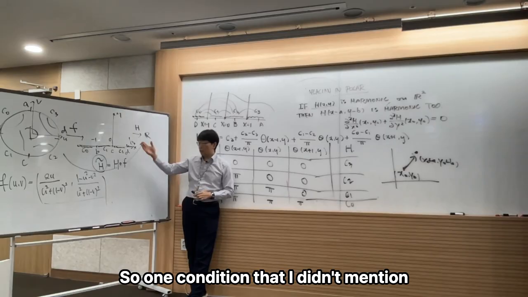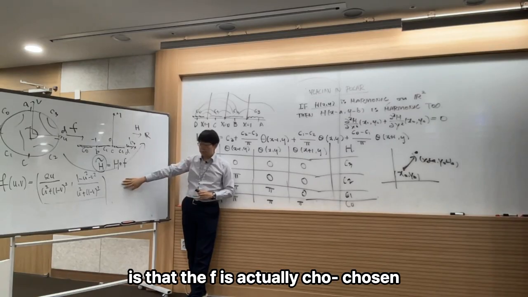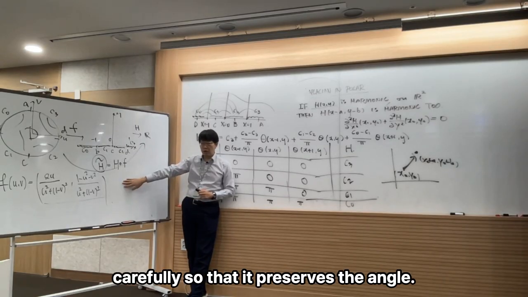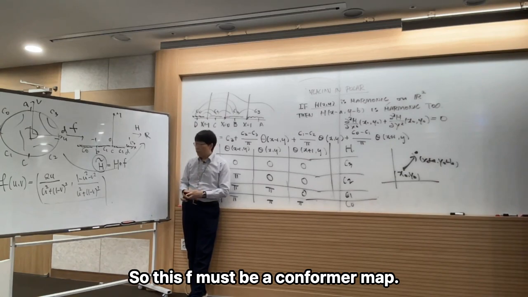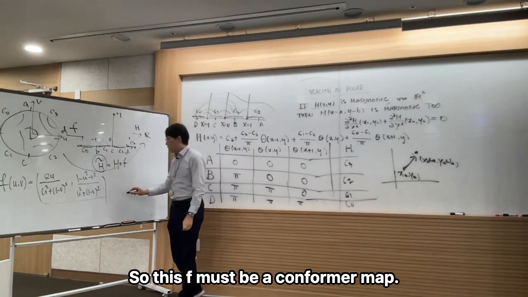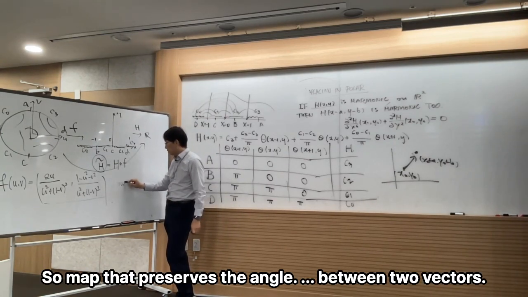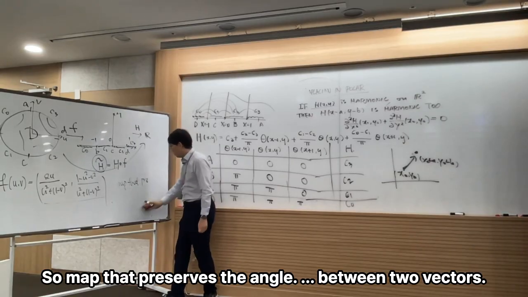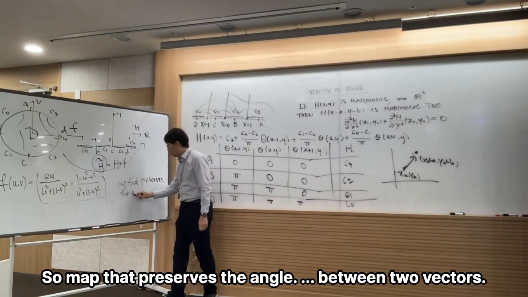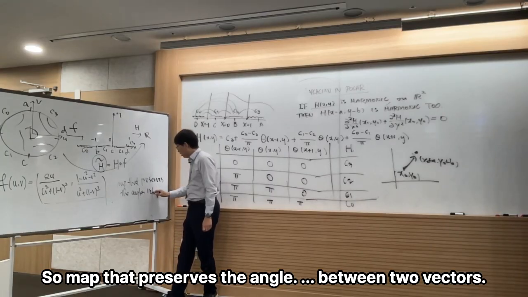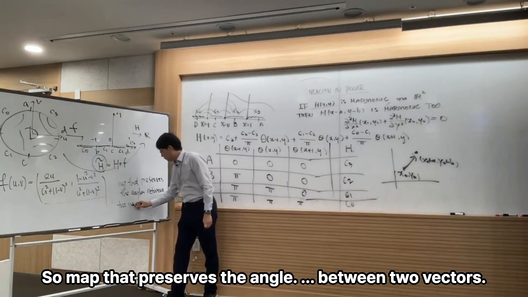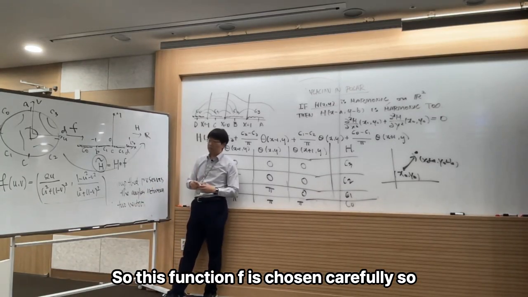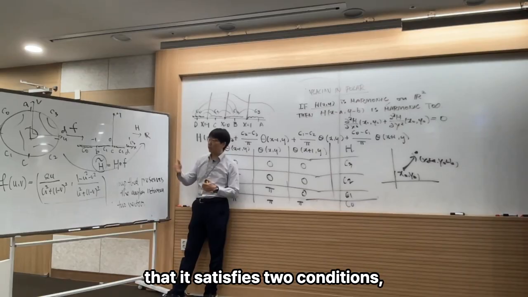So one condition that I didn't mention is that F is actually chosen carefully so that it preserves the angle. So this F must be a conformal map, a map that preserves the angle between two vectors. So this function F is chosen carefully so that it satisfies two conditions.